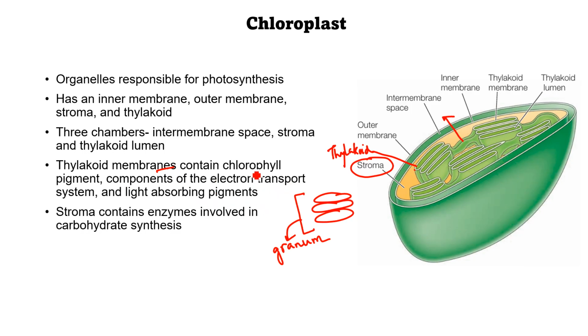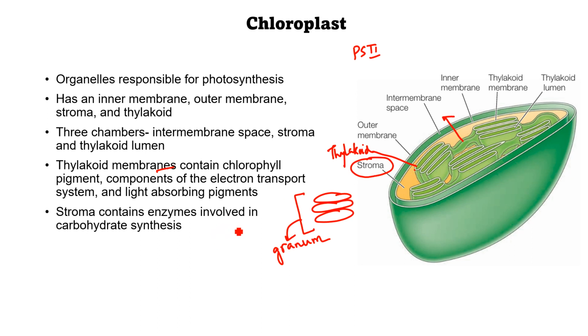If you have read biology in class 12, you must have read about PS2, PS1, cyclic and non-cyclic transport of electrons. All the different pigments, PS1, PS2, pheophytin and other molecules are present on the thylakoid membrane.